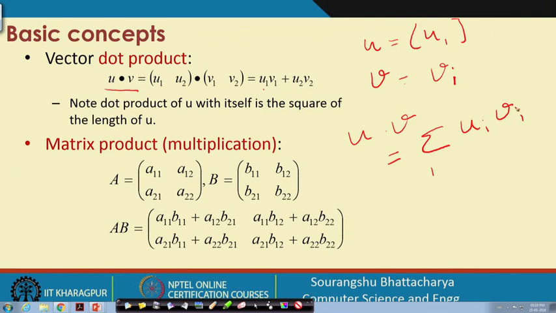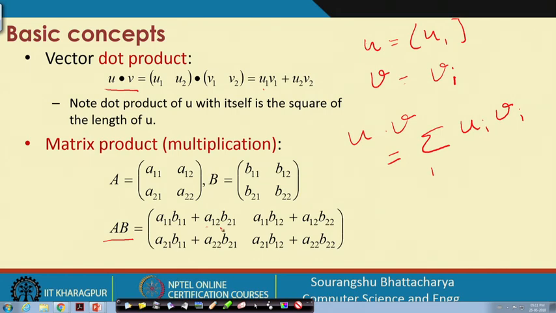Going forward, we can also define the matrix product as given in this example. So, if a matrix A has A11, A12, A21 and A22 and similarly the matrix B, then the entries of the matrix AB are of this form. A11 times B11 plus A12 times B21 and so on and so forth.